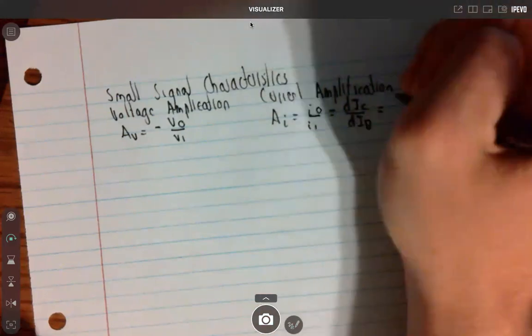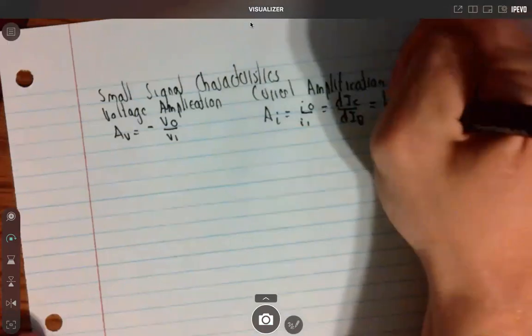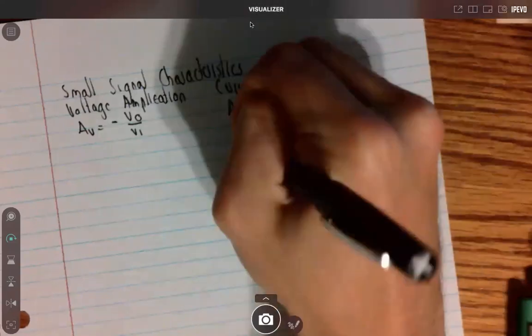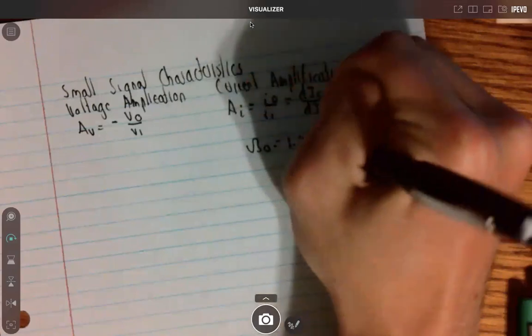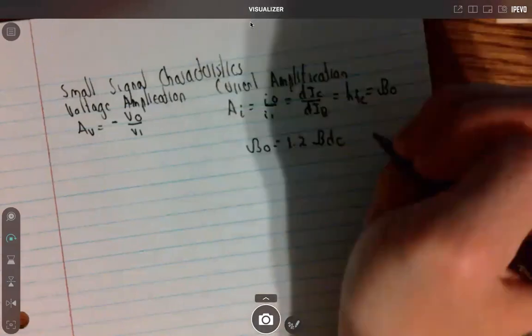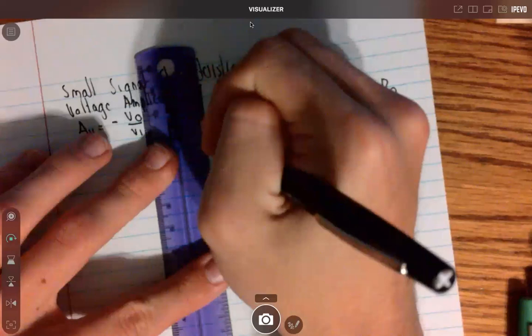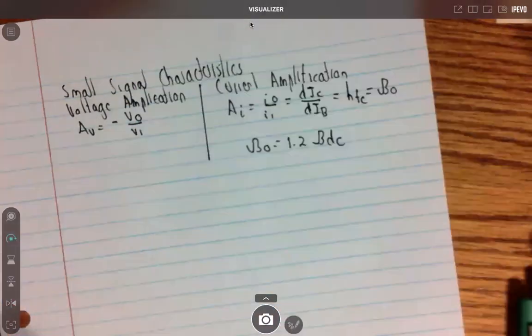And that's going to be equal to h lowercase fe, which is equal to beta naught. Recall that beta naught is equal to 1.2 beta DC approximately. And so those are the two types of small signal characteristics that you can have.